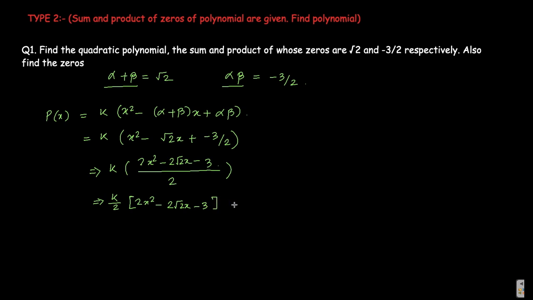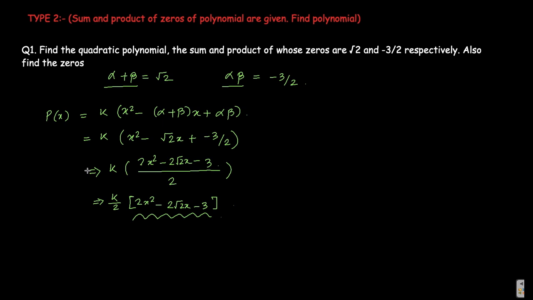This is the quadratic polynomial, the actual polynomial is 2x square minus 2 root 2 x minus 3. This is the answer, and k by 2 is the constant term, so we are neglecting the constant term.